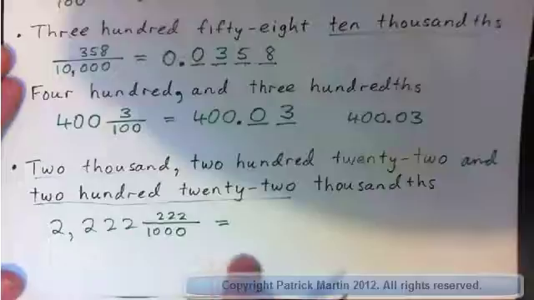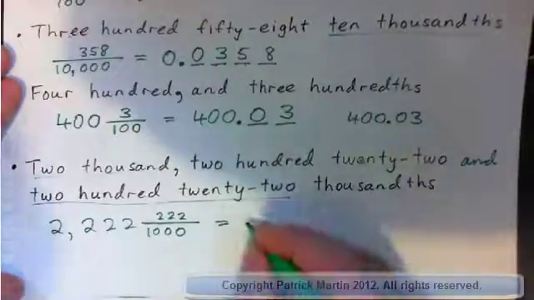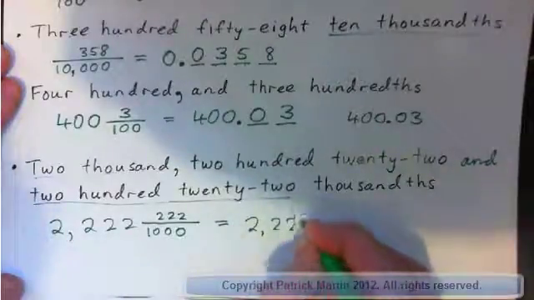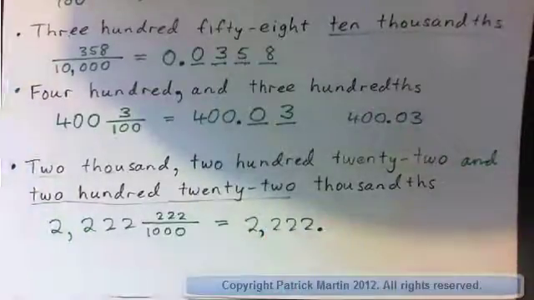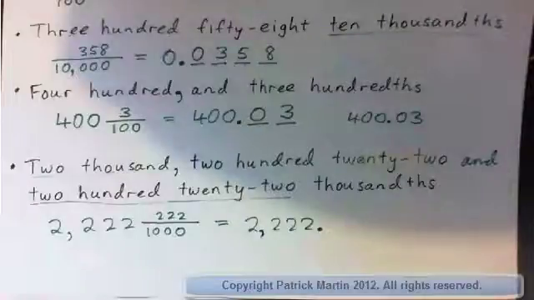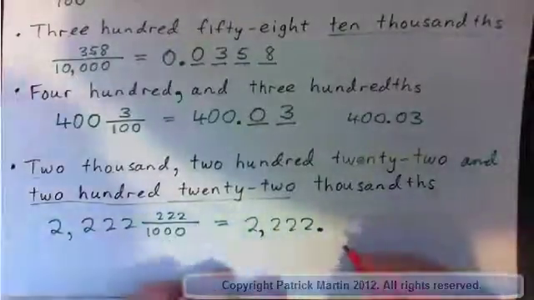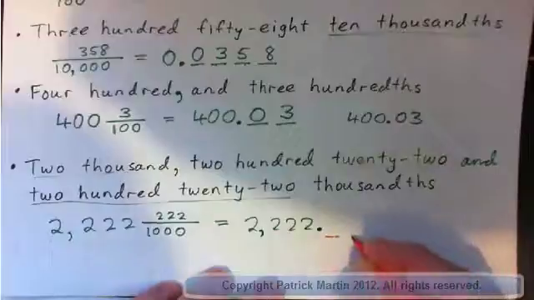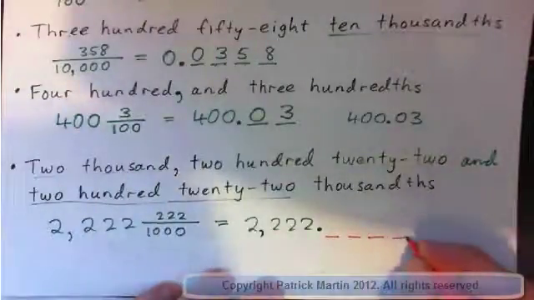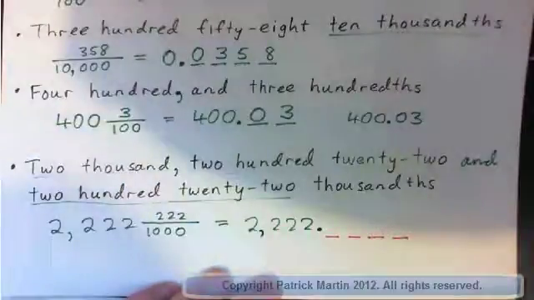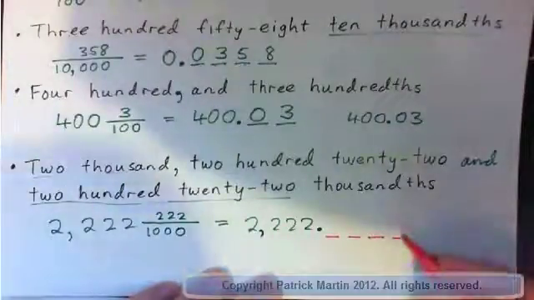Now let's write that as a decimal. So the first part's the same, obviously, and then the decimal point. And can you fill in the rest? Okay, I'm going to do my usual tenths, hundredths, thousandths. Oh, you don't need ten thousandths, right?